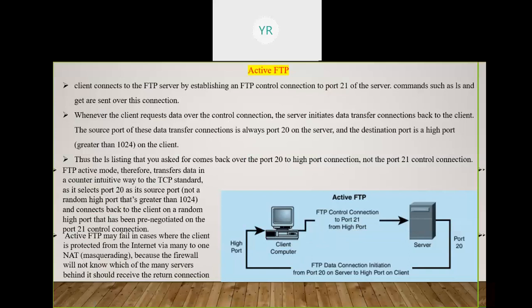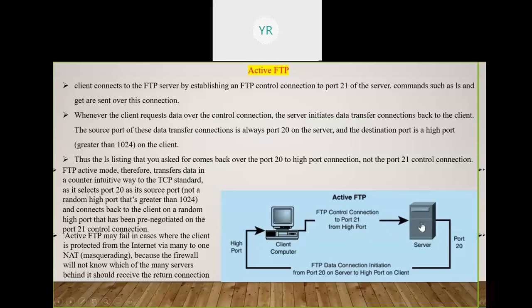That means it sends some command. Suppose if it wants to see the list of files, it sends the ls command through this high port of the client. That command is received by the server at port 21 of the server. So that means the commands are received at the server at port 21 in FTP.